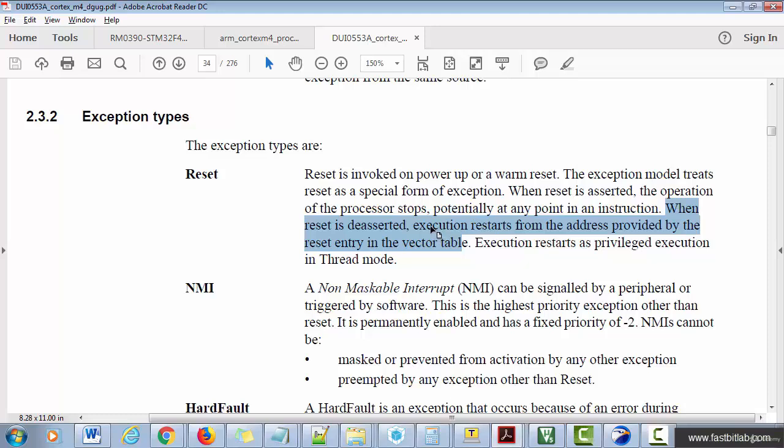So you have to write a reset handler, and from there the execution starts. And execution restarts as privileged execution in thread mode. So remember, reset handler execution is always in thread mode, but it is privileged, because the processor by default will always start in privileged access mode with thread mode.